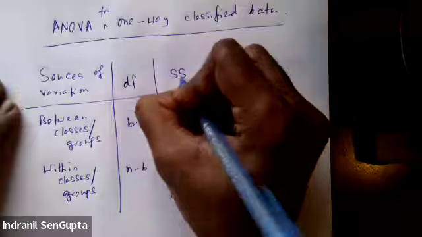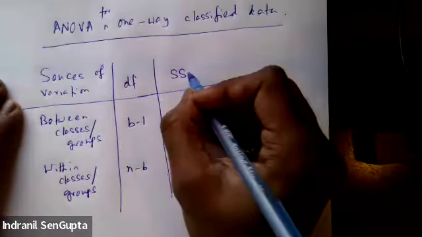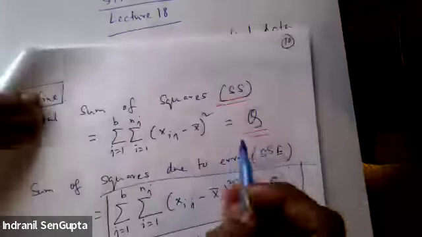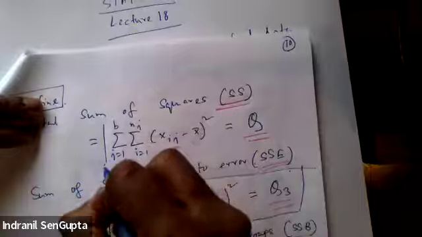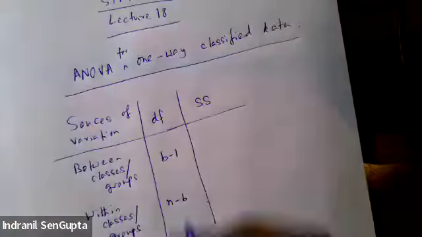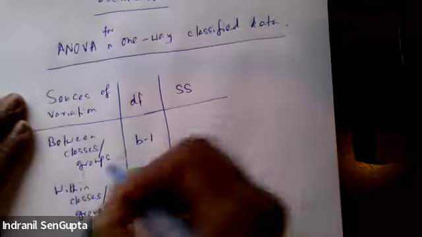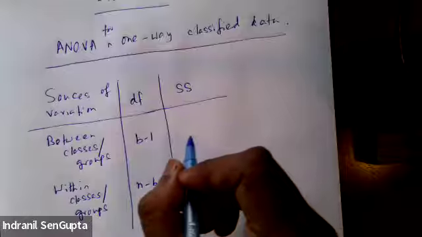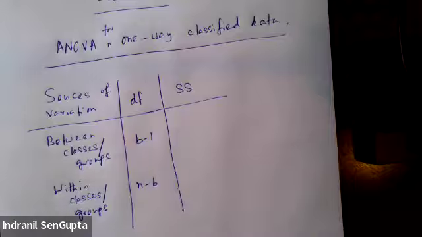Now we write sum of squares. SS was the sum of squares, which we defined right here, which is Q. So SS between the classes. Actually, we proved last time a very nice result, which I forgot to mention.